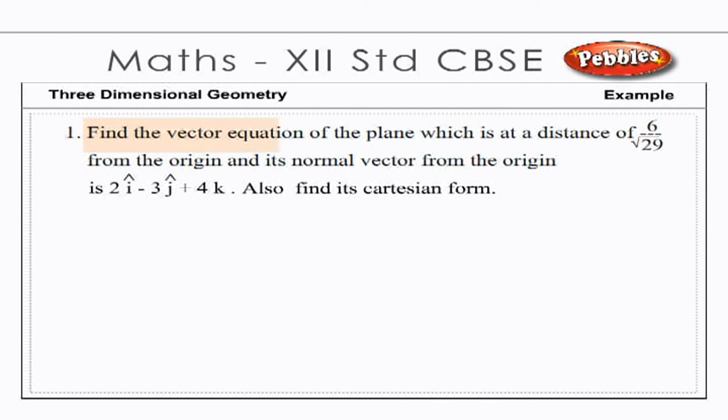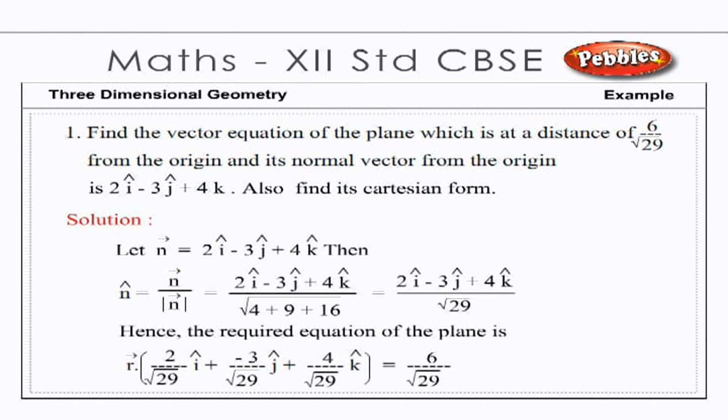Find the vector equation of the plane which is at a distance of 6 by root 29 from the origin and its normal vector from the origin is 2i cap − 3j cap + 4k cap. Also, find its Cartesian form. Solution. Let n vector = 2i cap − 3j cap + 4k cap.